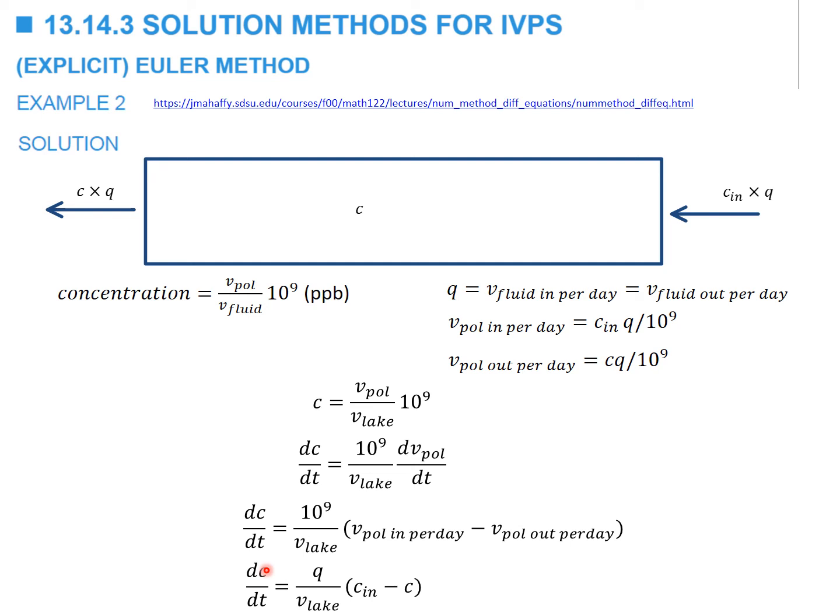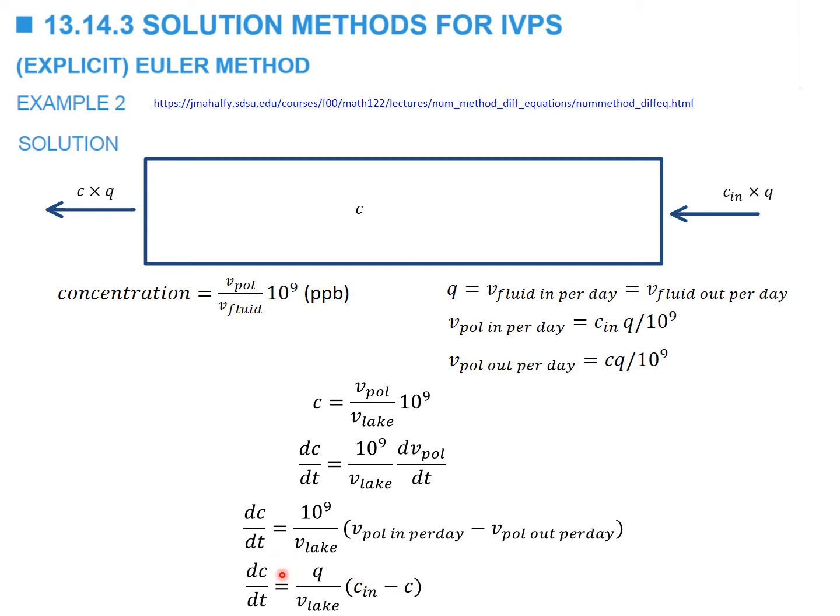that means that the equation is given by this: dC by dt is equal to Q divided by V lake, the volume of the lake, multiplied by Cin minus C. Remember, the unknown here in the equation is C. That's what we're trying to find. Q is given in the problem, the volume of the lake is given in the problem, and the concentration of the pollutant coming into the lake is also given in the problem.